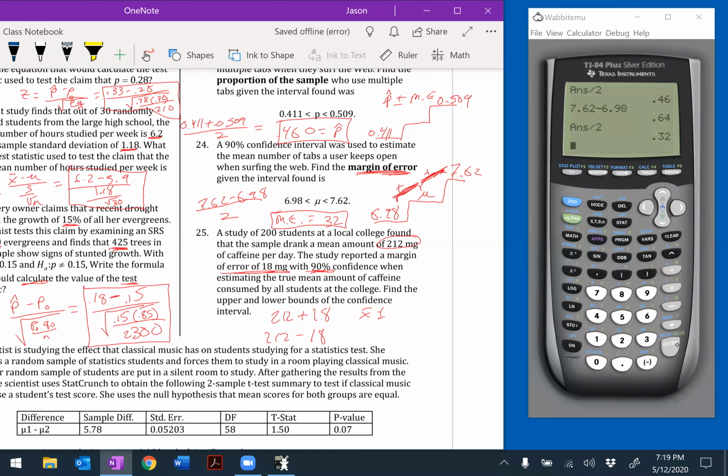Well, it would be T star times S over the square root of N. Now, I don't have S. I can figure out what T star is based on N, the 200 students, but I don't have S. But that's okay, because we know that this whole thing is 18. So all we have to do is take 212 and add 18, and take 212 and subtract 18. And what we're going to get is 194 and 230.